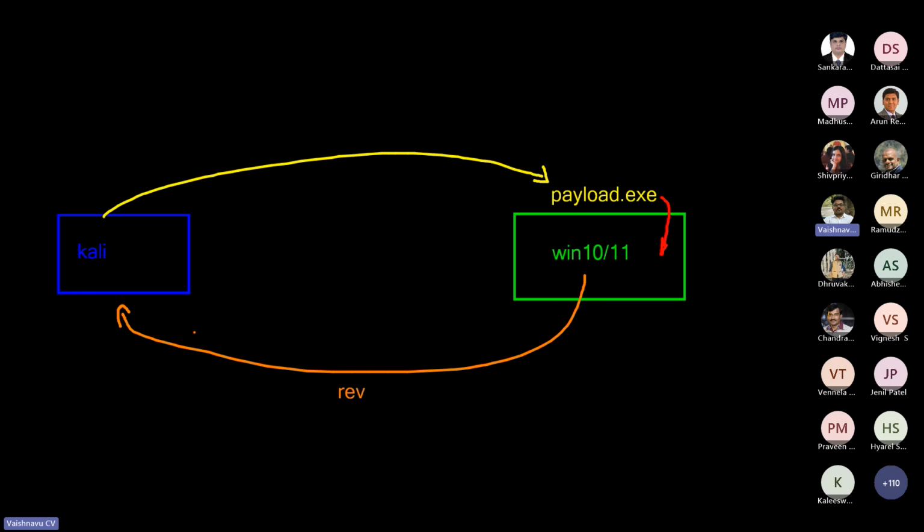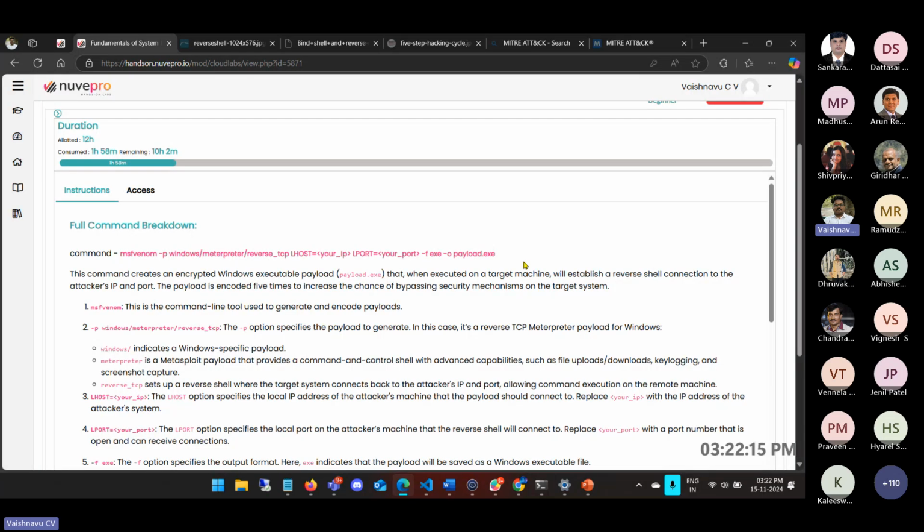We also call it reverse TCP or reverse shell. If the attacker is making contact to the system, it is a normal connection. But if the victim, the target device, connects back to the C2 or the attacker's machine, it is known as a reverse connection. So here we are trying to build a reverse connection payload.